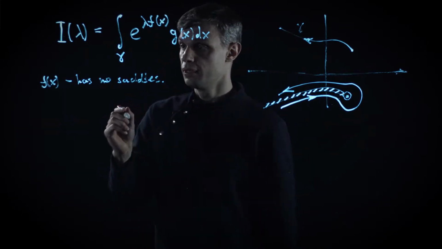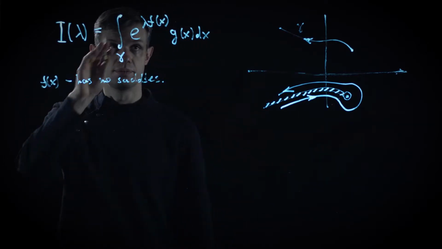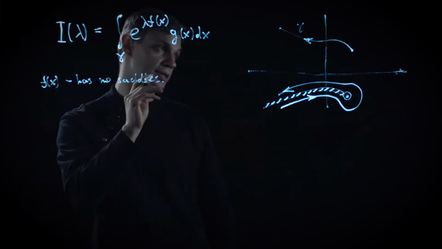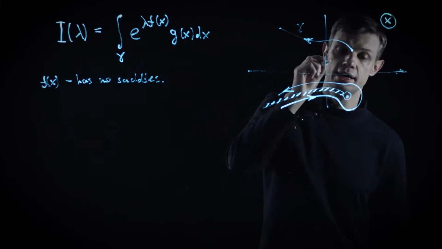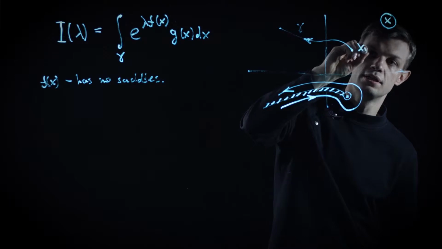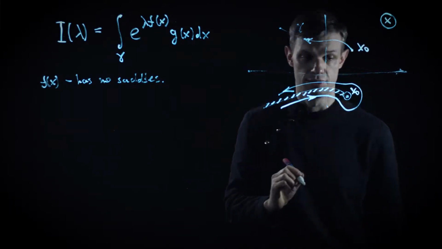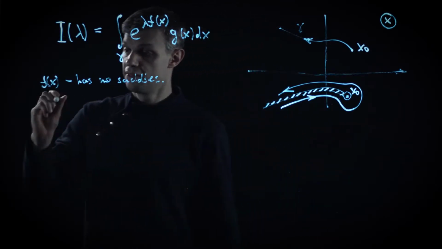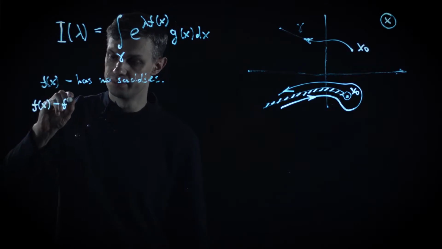Well, to understand what is happening, let's make a suitable change of variables. This is, of course, the complex plane of the complex variable x. Let's call this initial point x naught, and here x naught again. Then the suitable change of variables is as follows.